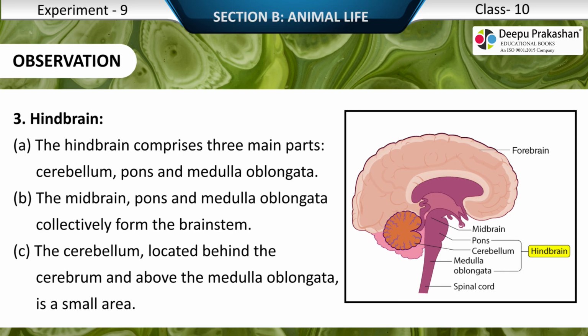3. Hindbrain. A. The hindbrain comprises 3 main parts: cerebellum, pons, and medulla oblongata. B. The midbrain, pons, and medulla oblongata collectively form the brainstem. C. The cerebellum, located behind the cerebrum and above the medulla oblongata, is a small area.